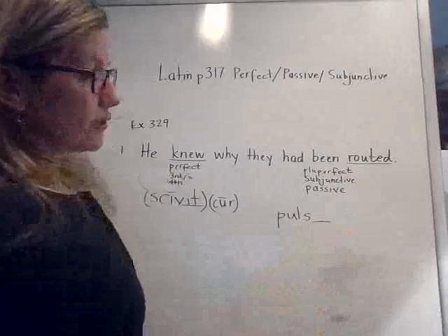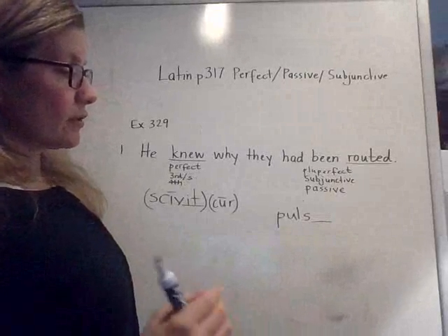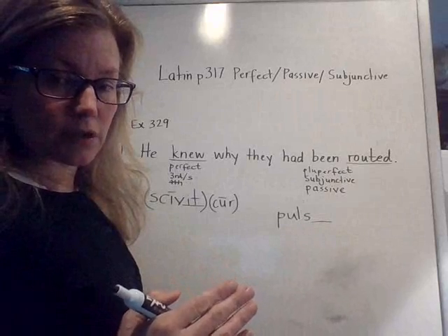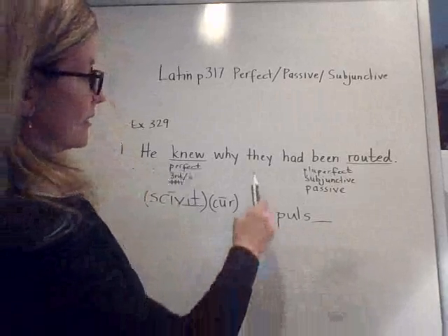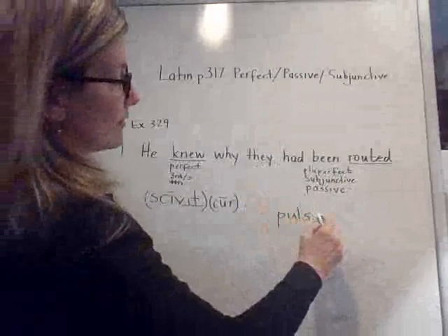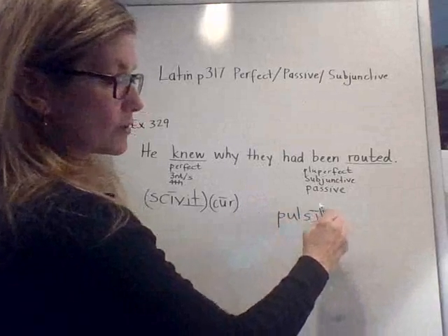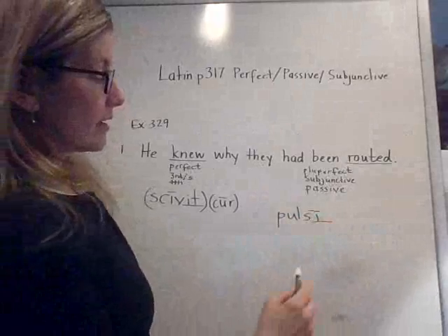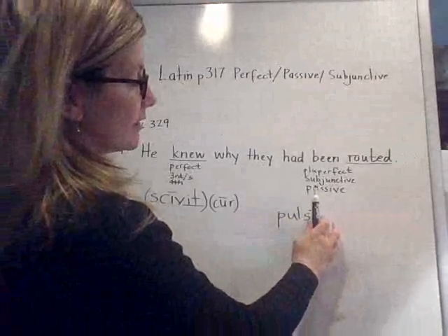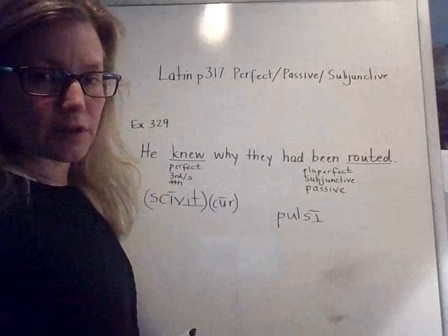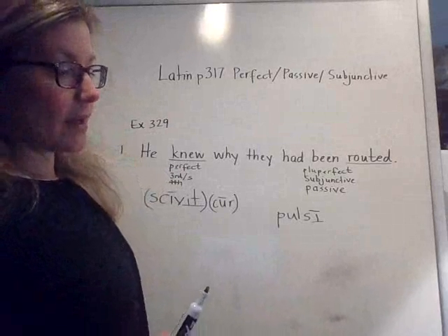If you look in the grammar book, you have three options: masculine, feminine, and neuter. We're going to use the masculine because they had been routed. So we're going to use i, pulsi, and then on top of that, you're going to use a form of the verb to be.